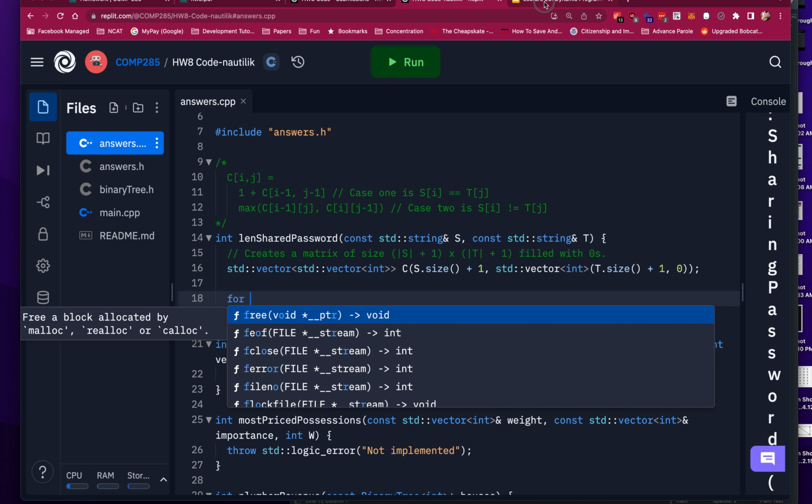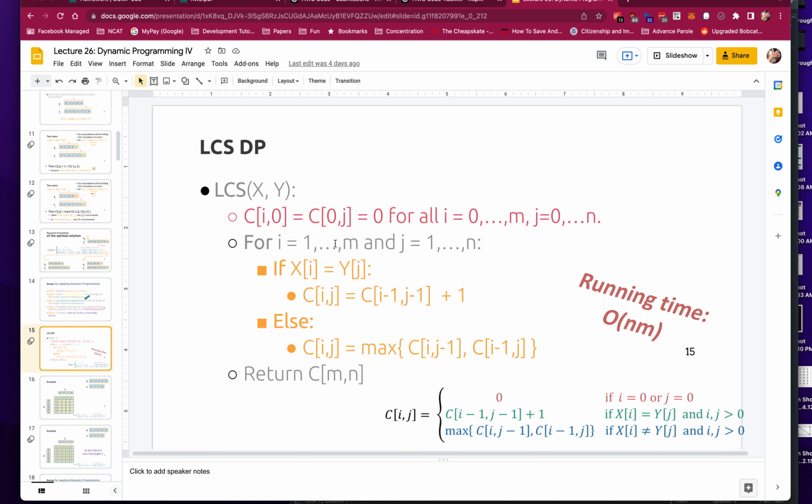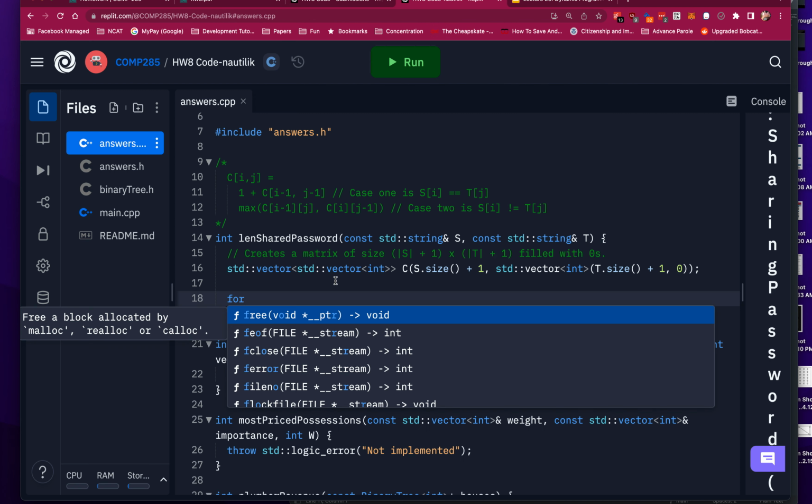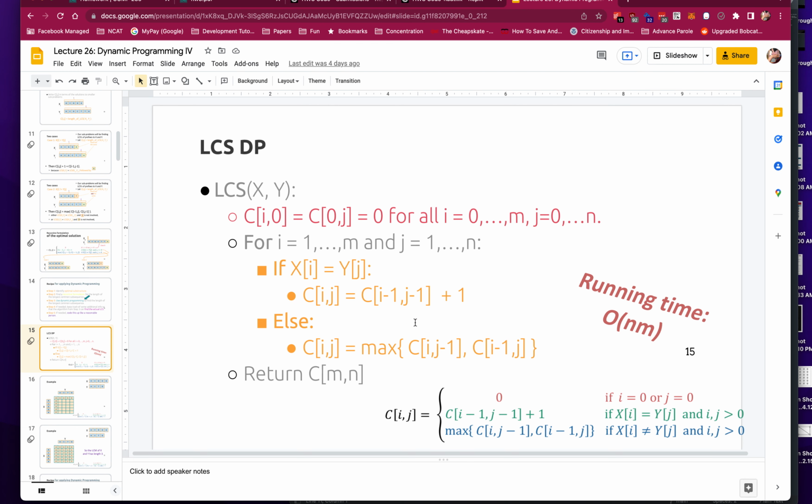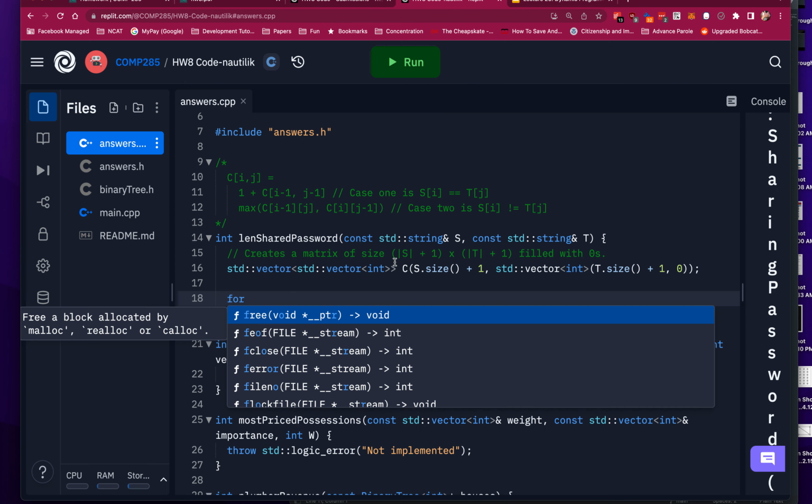Again, you can look at the pseudocode that we have here, but basically you iterate over both indices of s and t, and for each index, you see if they match up. Because we have this recurrence relation, you should be able to just calculate it by taking a max, right?